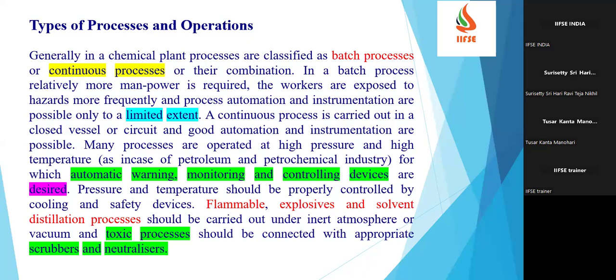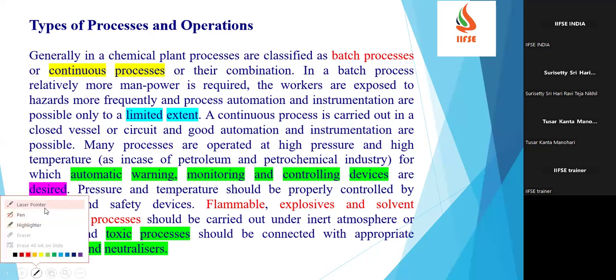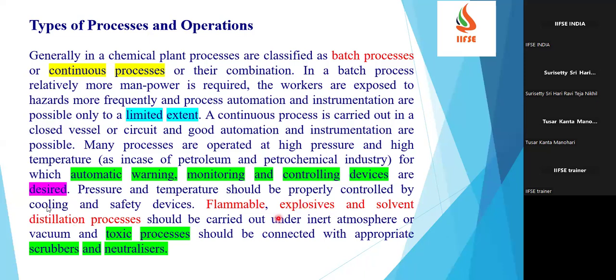So we will do these kinds of operations under an inert atmosphere. What is meant by inert atmosphere? It is an atmosphere where a flammable mixture will not happen or will not generate. That's why we use this inert atmosphere.